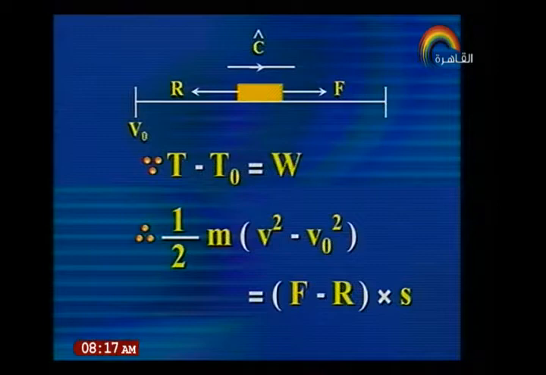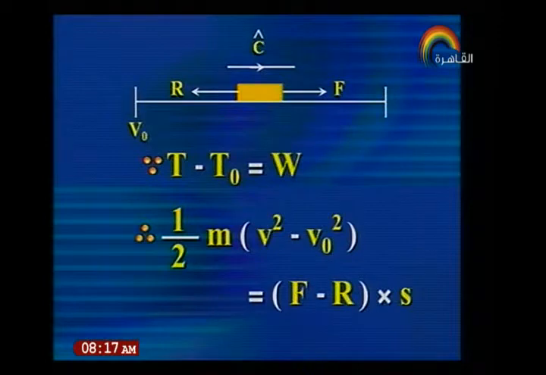What is the F minus R? Look at the graph, dear student. The force of the car is in the direction of the C vector, but the resistance R is opposite to the force F. Then F minus R times S equals the change of kinetic energy. Why? Because we know that the change of kinetic energy equals the work done.